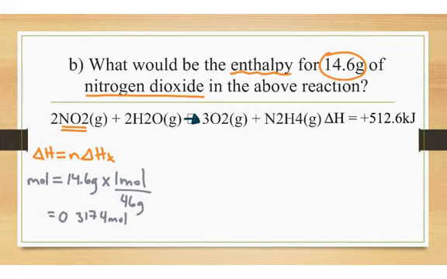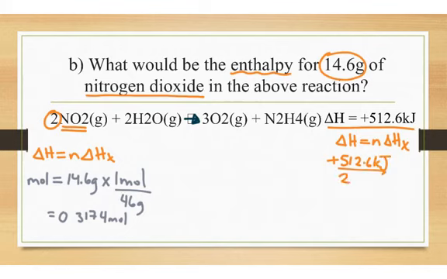In terms of the delta HX piece, I know that 2 NO2s makes 512.6 kilojoules worth of energy. So I'm going to do a little side action over here, and this time I'm going to use my positive 512.6 kilojoules divided by my coefficient 2 moles, since those two pieces of information go together, and that will allow me to find my delta HX.